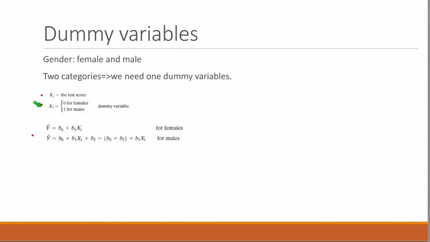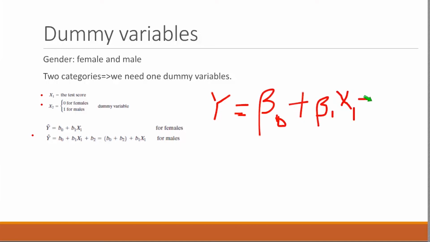Okay, so originally for multiple linear regression model in general, we have the following. Y is equal to beta 0 plus beta 1 x1 plus beta 2 x2.